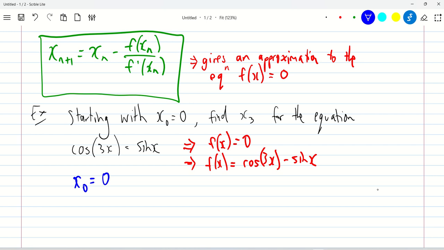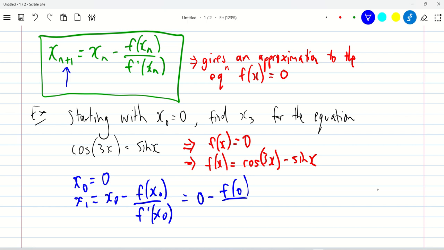So x0 is equal to 0, so here n is equal to 0, and x1 is equal to x0 take away f of x0 over f dashed of x0. So what is x0? x0 is 0, so it's 0 take away f of 0 over f dashed of 0.